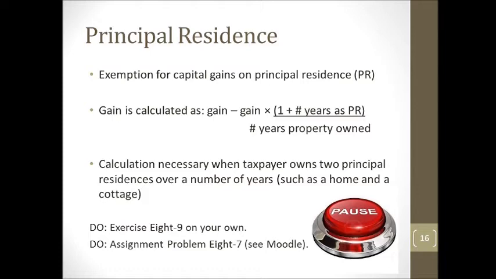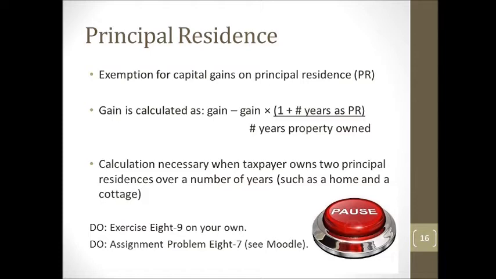Let's say that we have a taxpayer named Elsie, and she owns a condominium in the city where she works, and also a cottage in the countryside where she spends most of her weekends and holidays. Now, both of these properties would qualify as a principal residence. However, she is only allowed to designate one property per year as her principal residence.